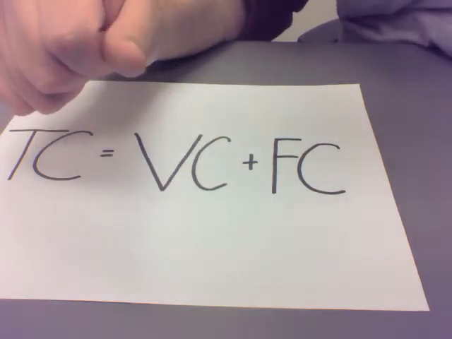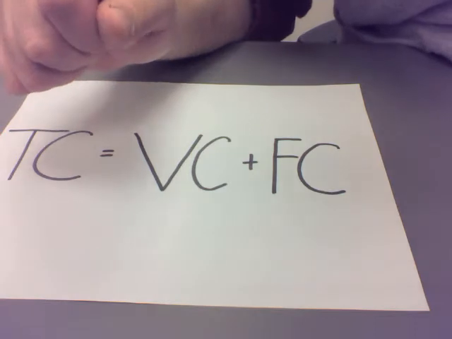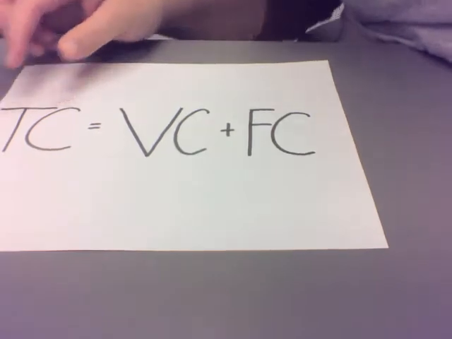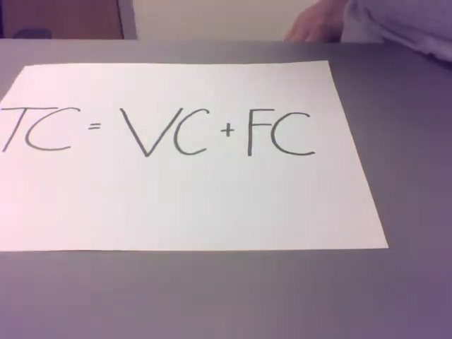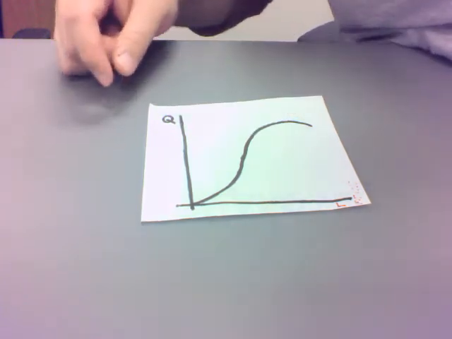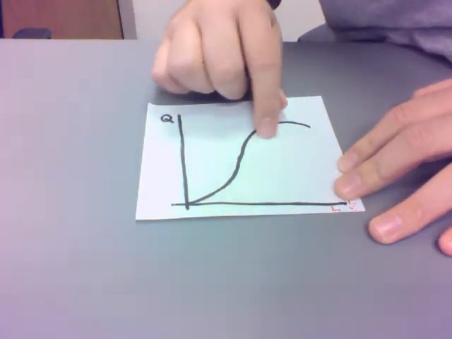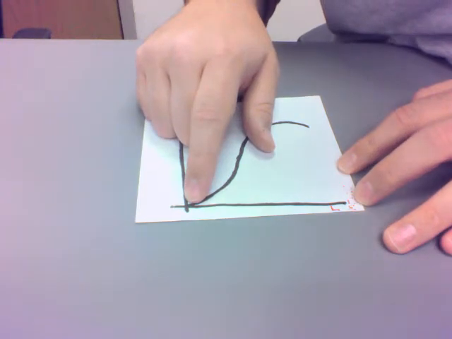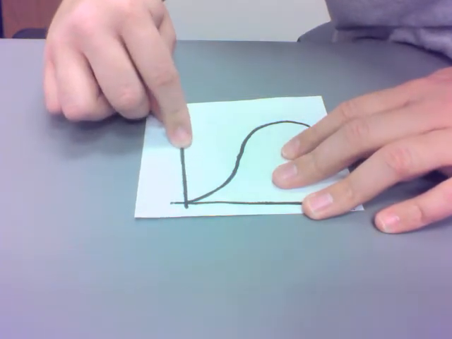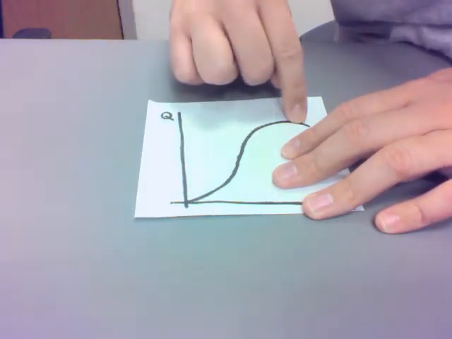So now we have to ask ourselves, how much labor does a firm have to hire to produce a given level of output? In answering that question, we'll be able to figure out what the firm's variable costs are. Well, we've already answered that question in the last video, when we drew this picture. This picture is basically the total product curve that we drew out last time, where we said that as a firm increases the amount of labor it employs, this is how much output it will produce.